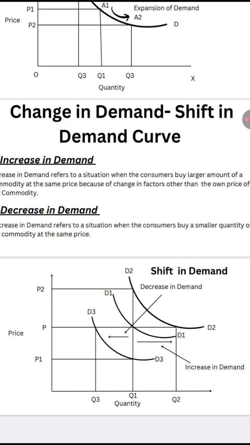Why? Because these independent factors, like income, taste and preferences, trends, fashion, are affecting the quantity demanded.